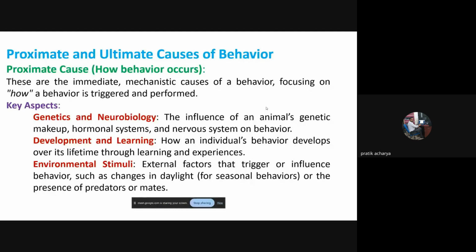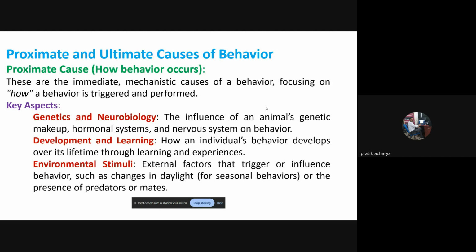We have to gain more proficiency in our writing skill, in our expressing skill. Only after that can we get success. So development and learning is very essential for survival. And the very important third aspect of this how is environmental stimuli. If there is no external environmental stimulus, there is no behavioral change or behavioral evolution.